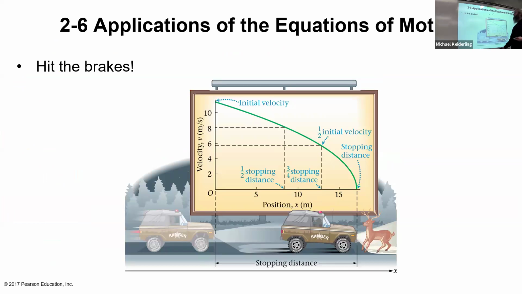So here's a similar problem being applied. Let's say you want to figure out what your braking distance is. You're in a car, you're traveling at some speed, you want to figure out how far your car is going to travel before it comes to a stop. If you know your acceleration, you can figure out your stopping distance.